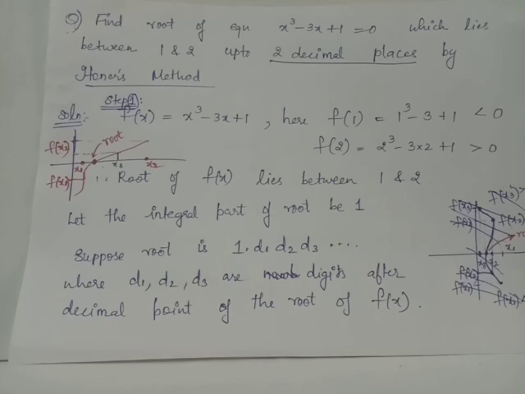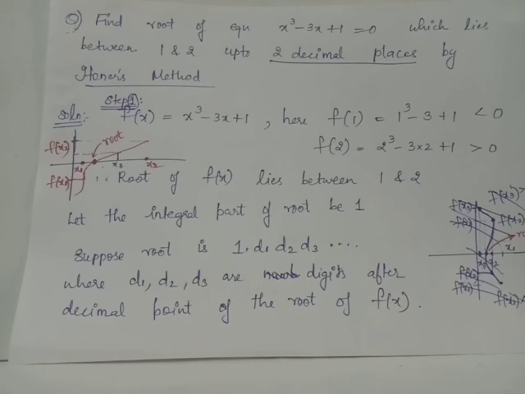Here in our example, we have f of x equals x cube minus 3x plus 1, and for x equals 1, we have f of 1 less than 0, and for x equals 2, we have obtained f of 2 greater than 0, which means that the root of f of x will lie between values 1 and 2.